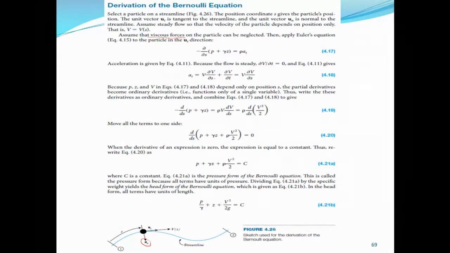So for steady flow, del V del T is 0 because velocity is constant with time. So here we have V del V del S. This is the acceleration, the tangential acceleration in this case.